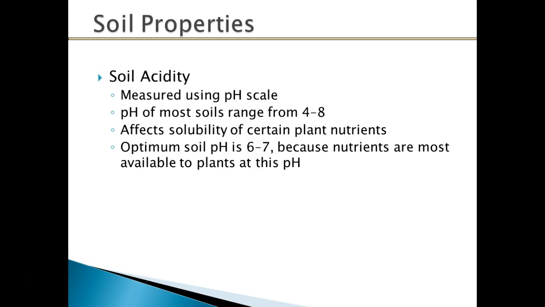Can you think, though, of a biome that would not have a 6 to 7 pH, but have actually a very acidic pH? We talked about it just a little bit in Chapter 6. That would be the coniferous forests, or the taiga, primarily pine trees.